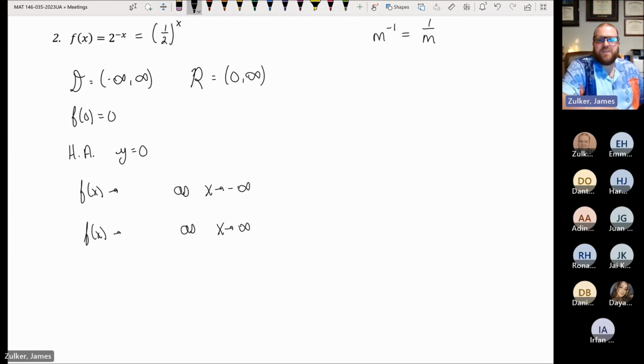Now, since we know it's being reflected about the y-axis, we know that the end behavior switches roles. Right. But does that make sense?